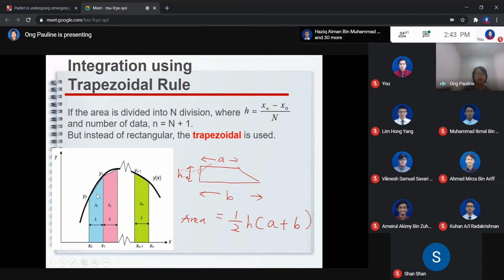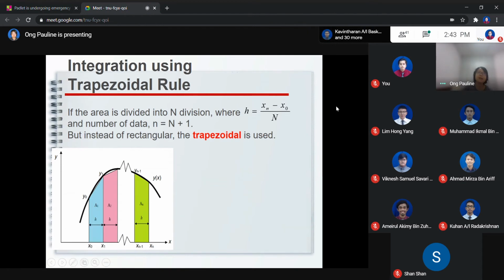All right. Let us go back to this slide. Now we know that if I want to find the integration from x0 to xn for the function y(x) dx, this is equivalent to finding the area of the region bounded by the y(x) here, x equals x0 here, x equals xn here, and also the x-axis, right?